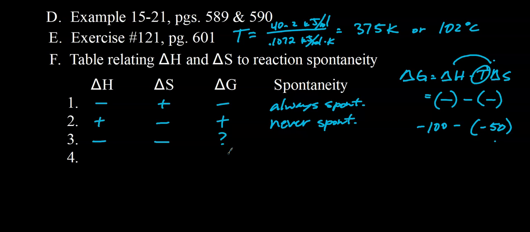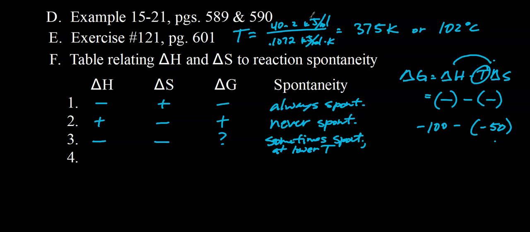The sign for delta G depends ultimately on temperature. So this time, again, we're going to say this process is sometimes spontaneous, and it will only be spontaneous at some lower temperature. Low enough, and we already talked about how to calculate that temperature. Temperature lower than what was calculated, say, in this problem here.